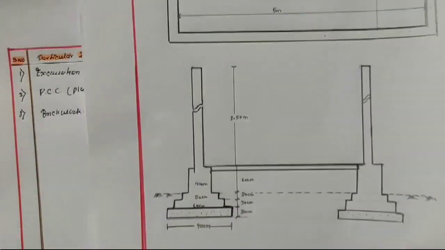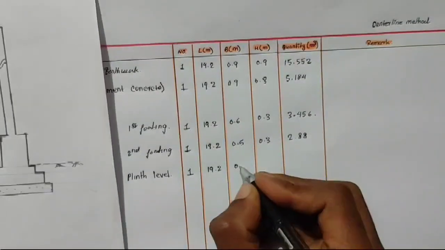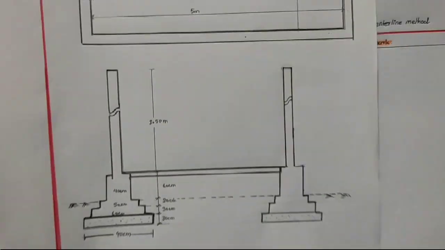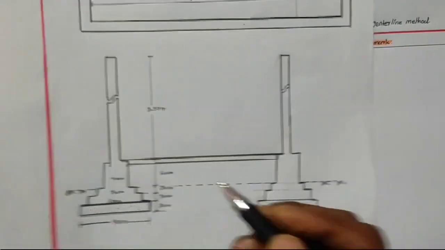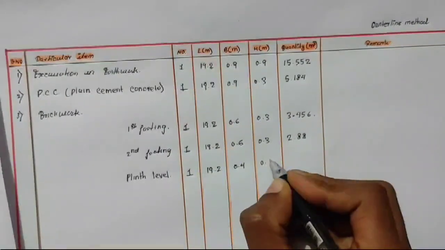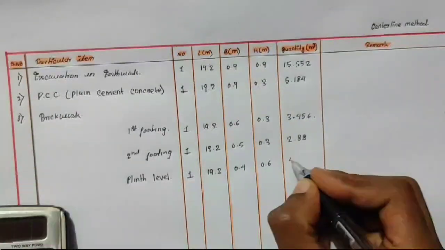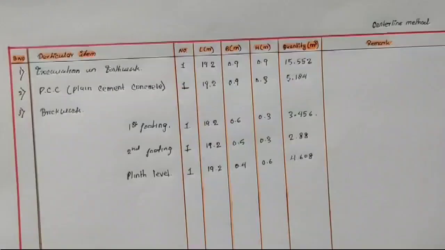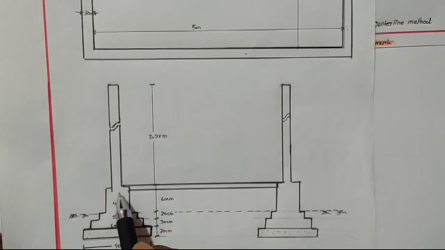Breadth is, now you can check, 40 centimeters, so 0.4, and height is 60 centimeter. From here till here the height is 60 centimeters, so 0.6. So we have got 4.608 meter cube. We have calculated all the brickwork till here.